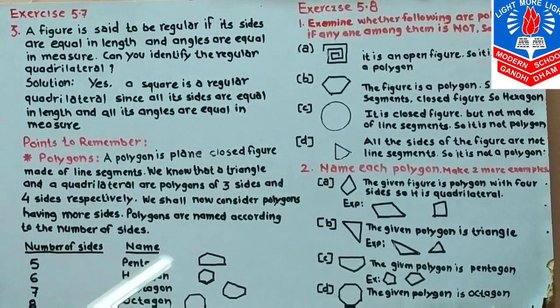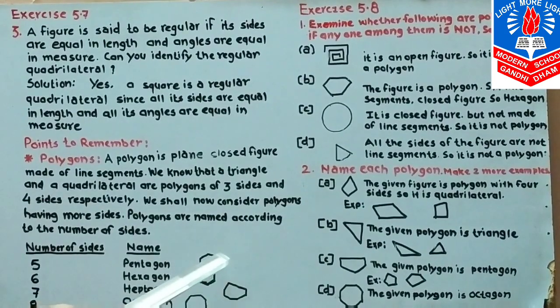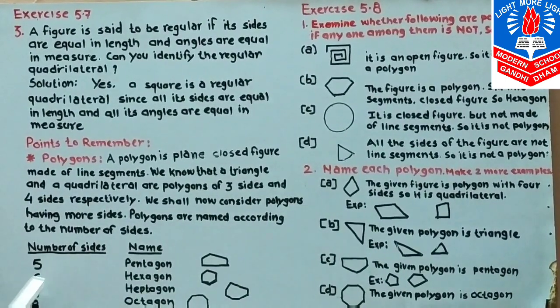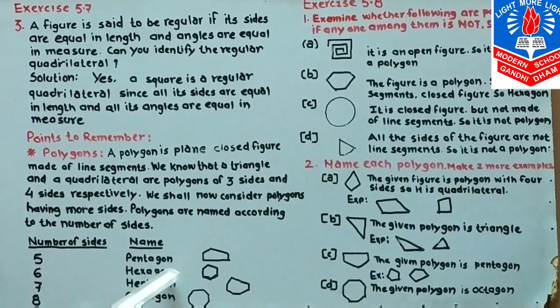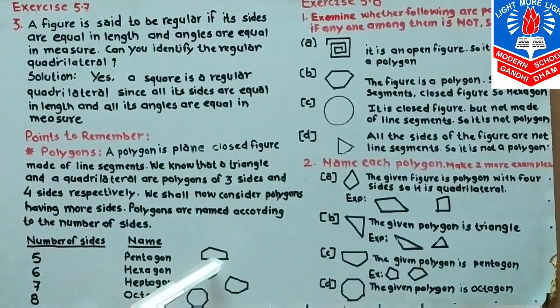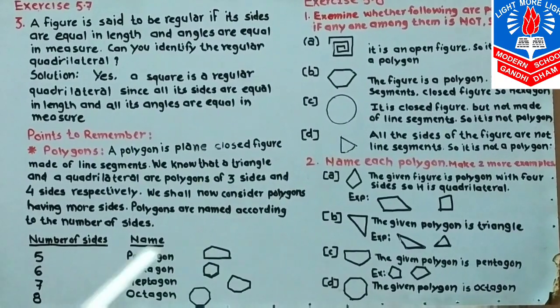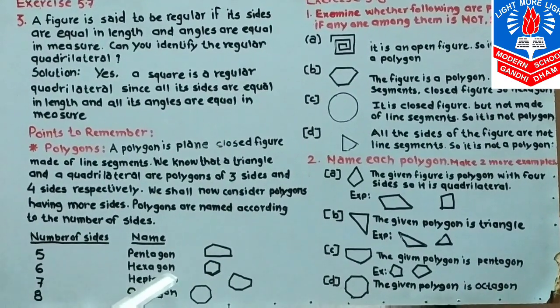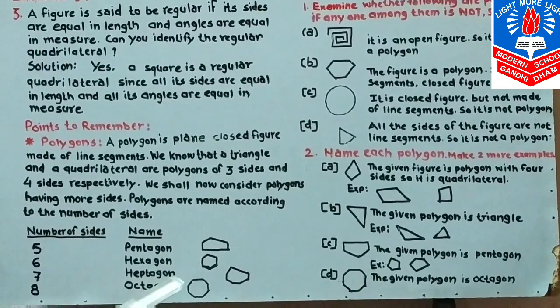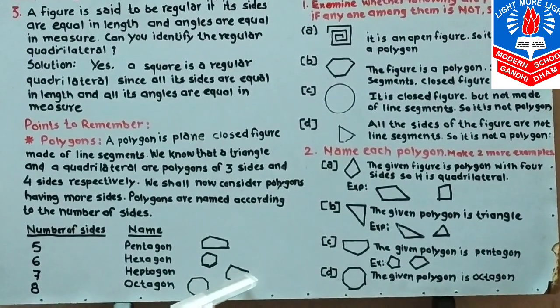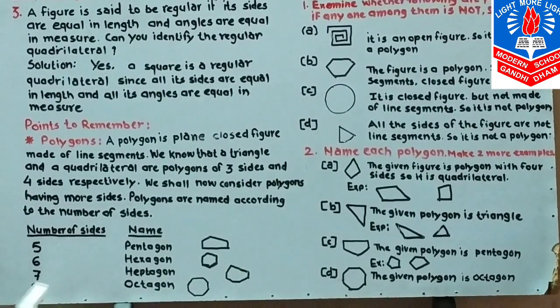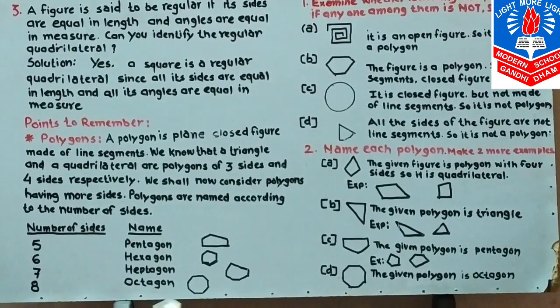So if we say pentagon, see 1, 2, 3, 4 and 5 sides. With 6 sides it is a hexagon: 1, 2, 3, 4, 5 and 6. With 7 sides, heptagon: 1, 2, 3, 4, 5, 6 and 7 sides. Octagon means 8 sides.